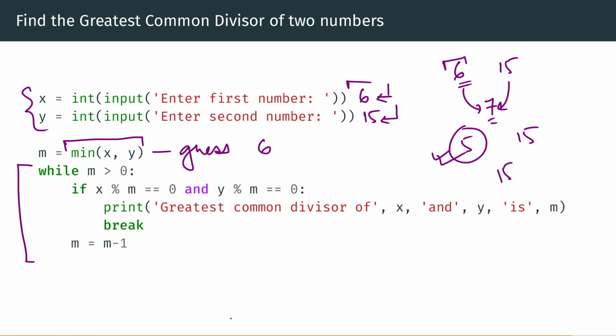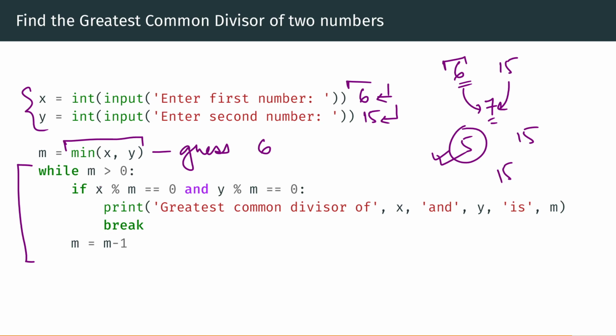We are guessing that the answer is 6, which is the smaller of these two numbers. Now, while m is greater than 0, we check if our guess is correct or not. When will our guess be correct? If both these numbers, x and y, which are 6 and 15, are divisible by our guess, m, which is 6. At the first iteration, x is 6, y is 15.